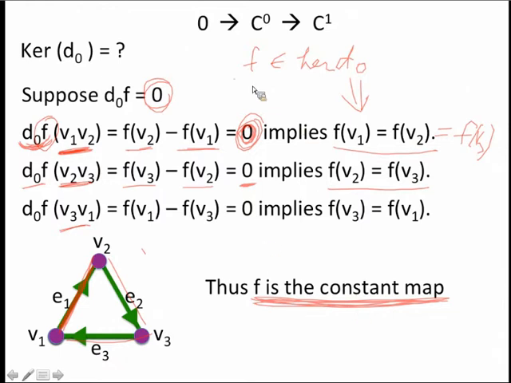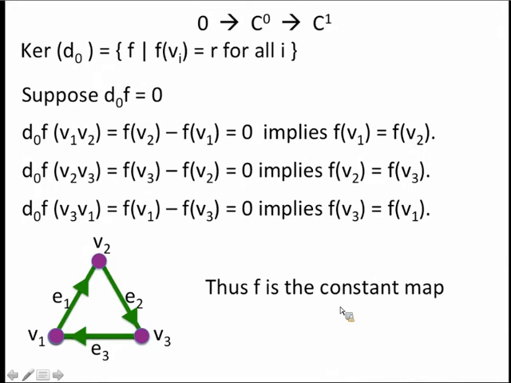And if it is in the kernel, then we get that it is the constant map. So f will be in the kernel if and only if f is a constant map. So we know what the kernel is as long as we've got it equal to some constant, so all our vertices get sent to the same point in our ring.